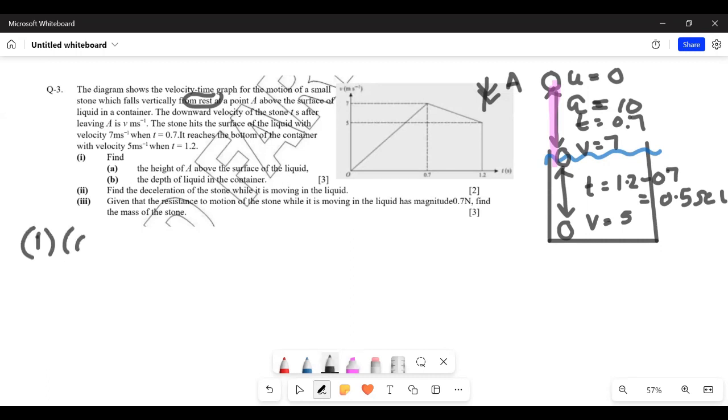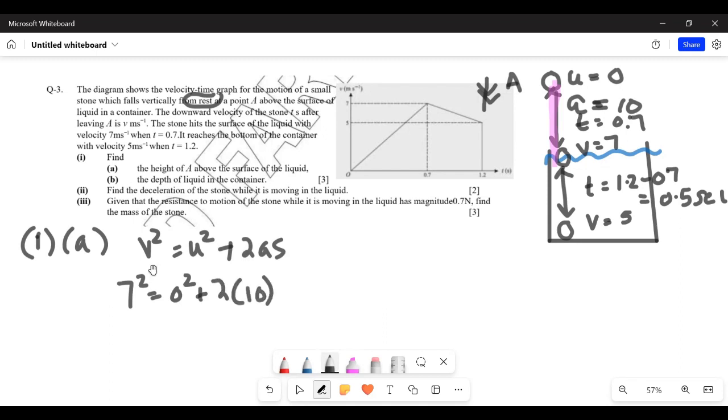So v square equals u square plus 2as. So 7 square equals 0 square plus 2 times 10 times s, where s is what we have to find. So 49 equals 20s, so s is 49 by 20.